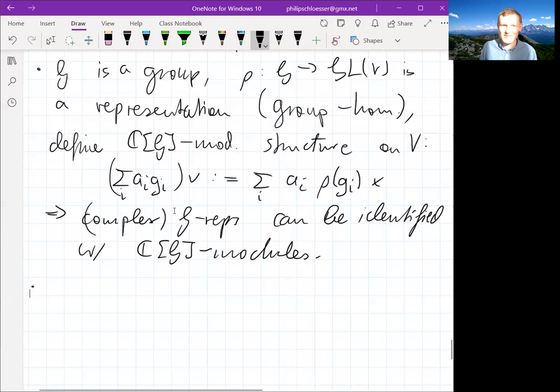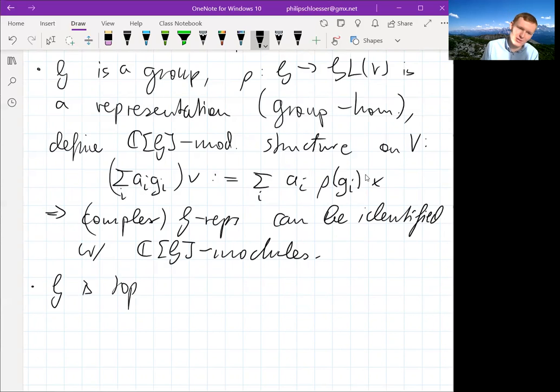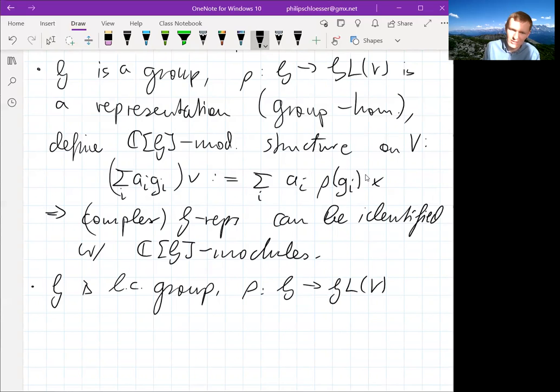Would you like me to address the other kinds of group algebras, because this structure can also be very nicely defined there? Just one example maybe. We can do G a topological group, and rho from G to GL(V), okay, a locally compact topological group, and we have a continuous representation in GL(V).